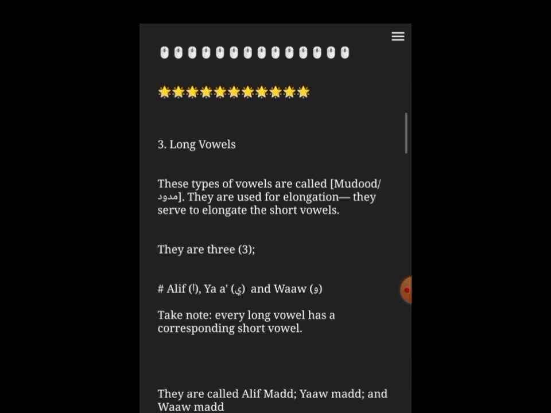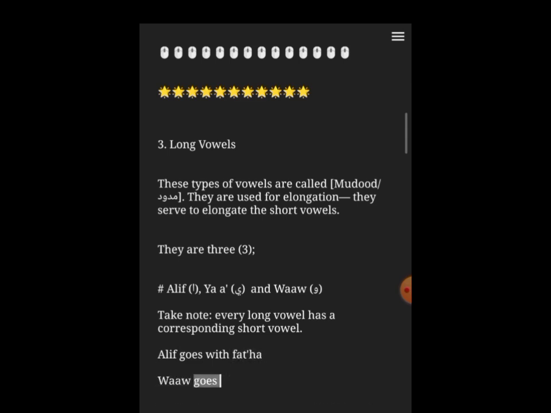So we say alif mad goes with fatha. Is that taken? Then we have waw mad goes with dhamma. And we have ya mad goes with kasra.